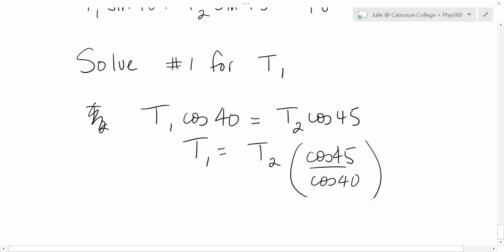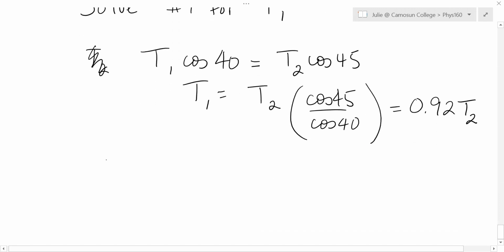And I'm going to work that number out. Cos 45 and cos 40. Okay, so this is 0.92 T2. Okay, now I'm going to sub that in, sub T1 into equation 2.